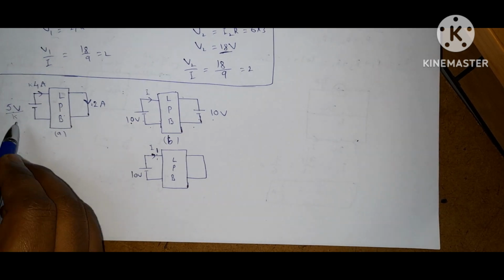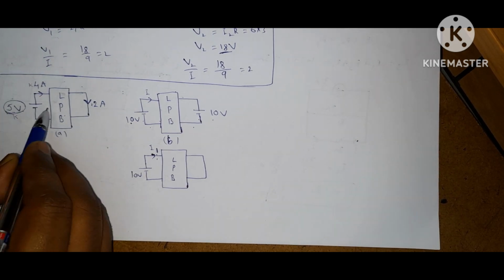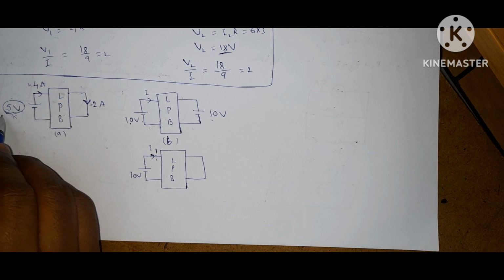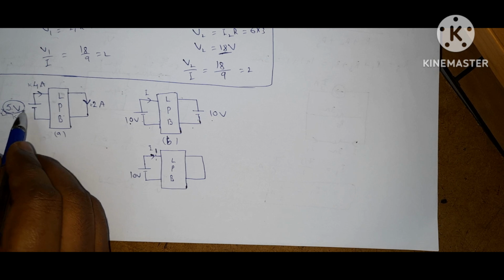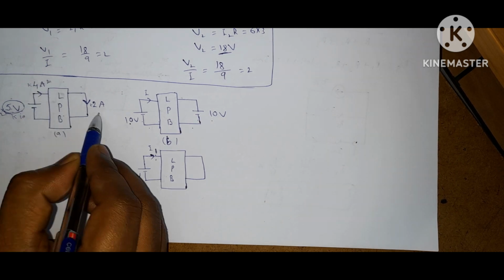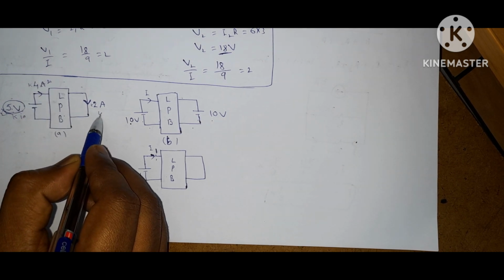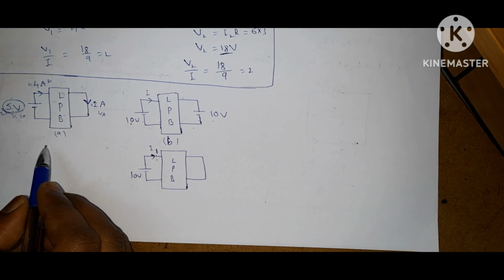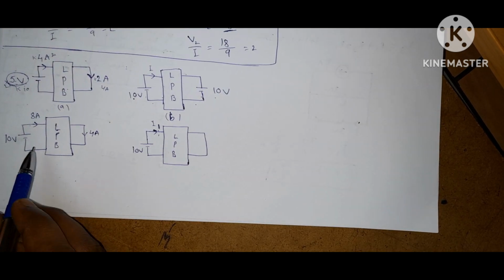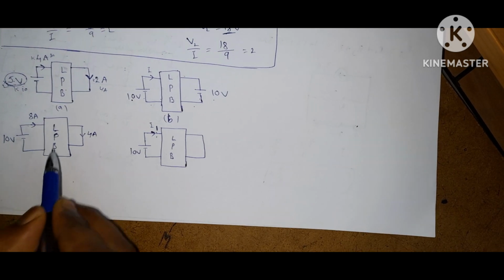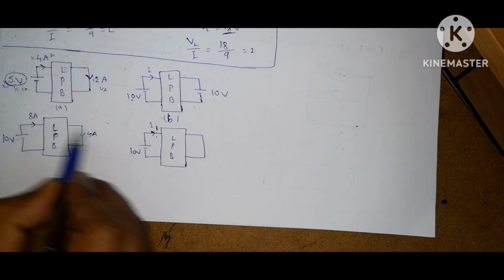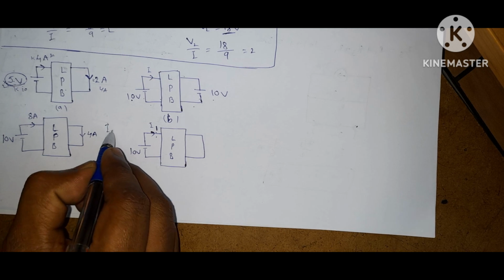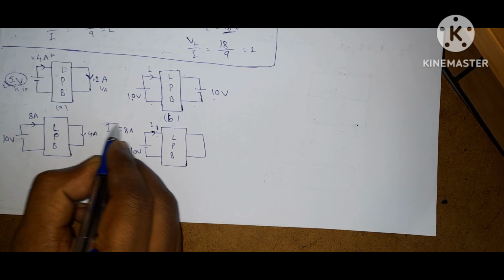Suppose I multiply this 5 volt source by 2, this becomes 10 volts, this becomes 8 amps, this becomes 4 amps. Then the circuit becomes like this. If you observe, this circuit and this circuit look the same. Now what is I1? I1 is equal to 8 amps.